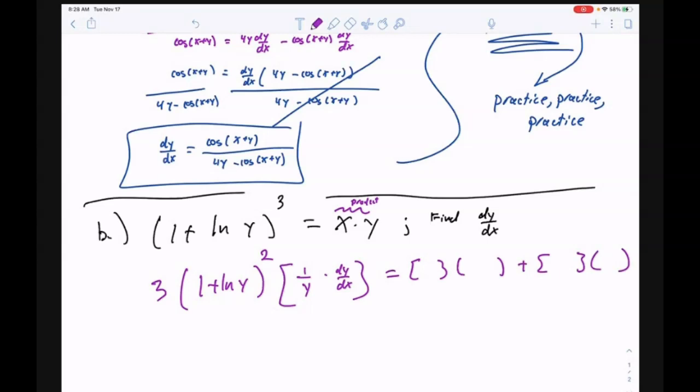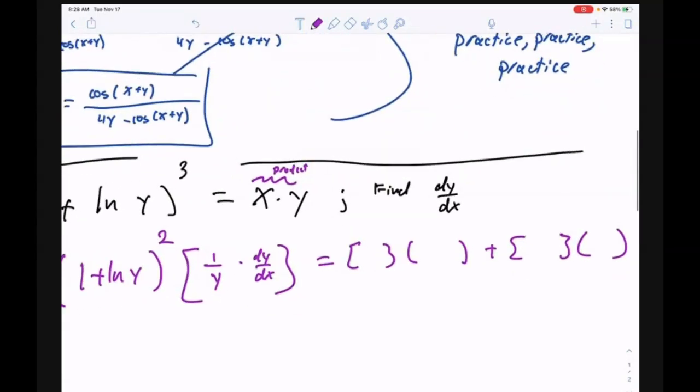You don't have to write it out this way, but whenever I see a product, I'm always thinking bracket parentheses plus bracket parentheses. It helps me visualize what's going on with the derivative of those functions. So the derivative of x is 1, times y, which is y. Plus dy/dx times x.